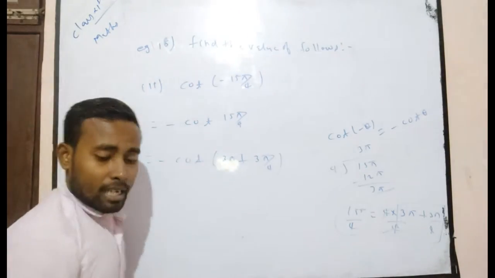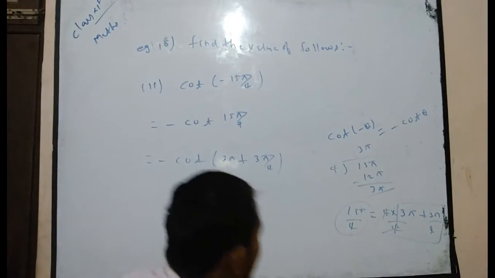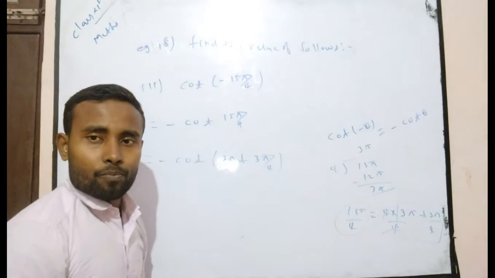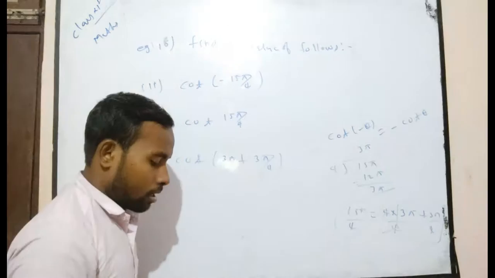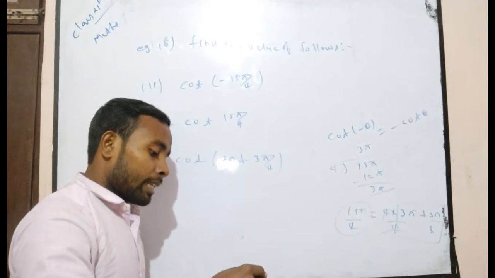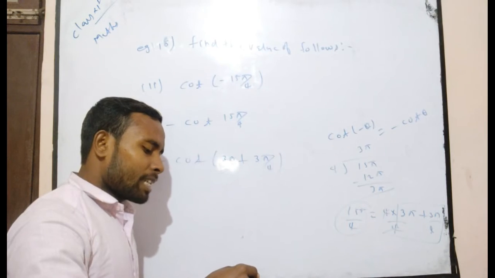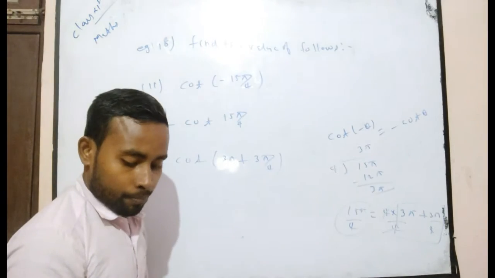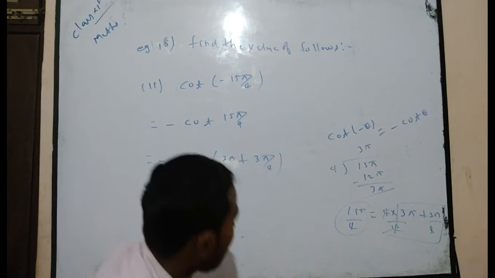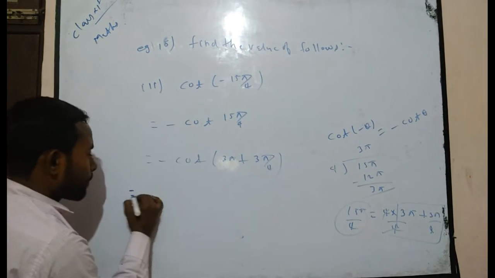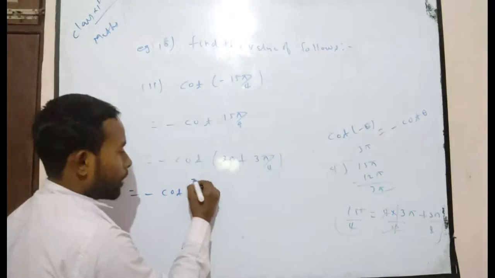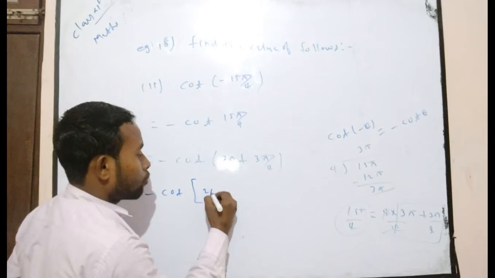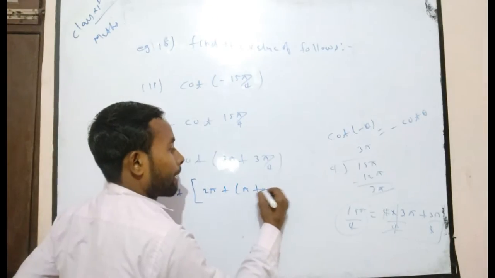Now there again comes a problem. Here 3 comes as an odd number. Now how can you go to the next step? You have to find simply minus cot, if you convert it as 2 pi plus 3 pi by 4.